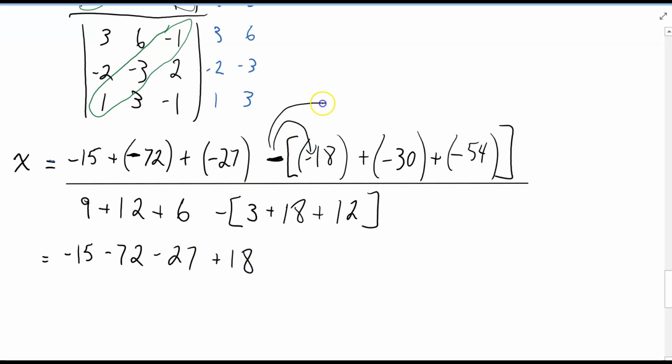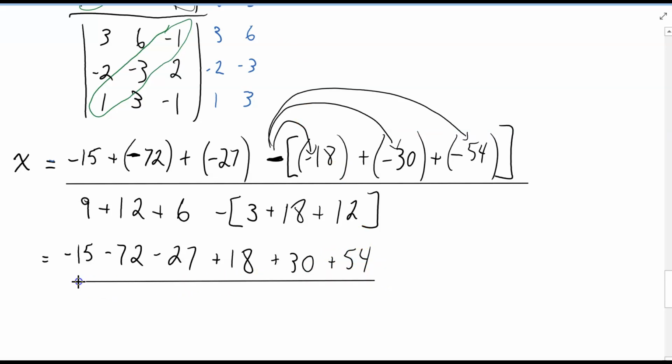When I subtract negative 30, it's an add 30. And when I subtract negative 54, it's an add 54. Remember, that is all over whatever is in the denominator. 9 plus 12 plus 6, subtract 3, subtract 18, subtract 12.